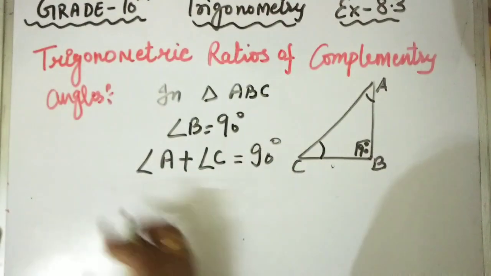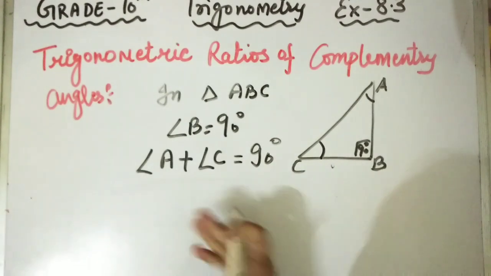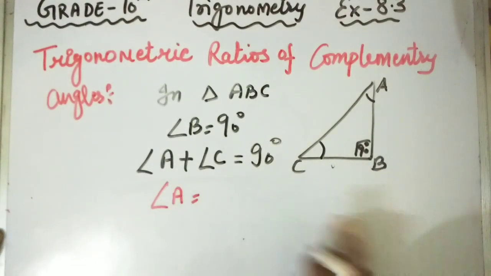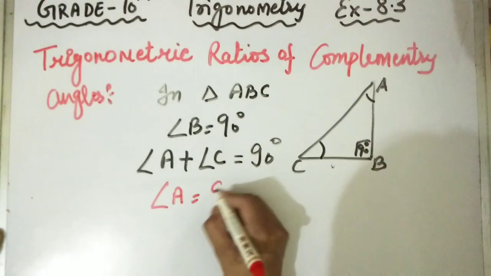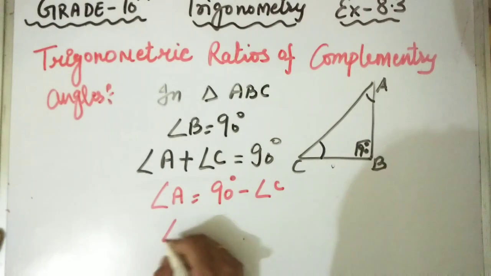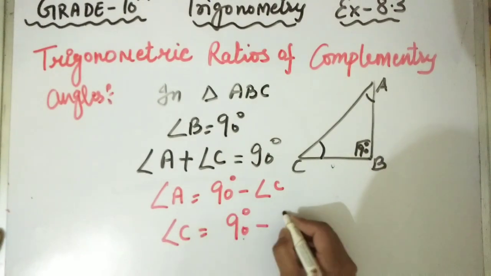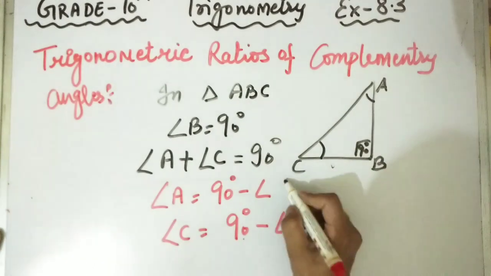Suppose if I want to calculate angle A, it will be 90 minus angle C, and if I want to calculate angle C, what will it be? 90 minus angle A, right?